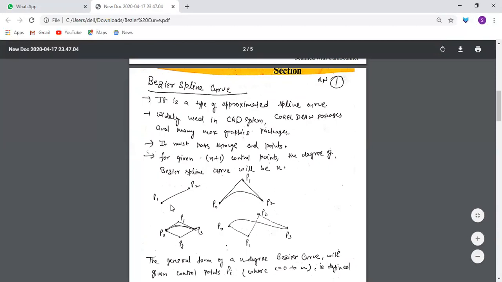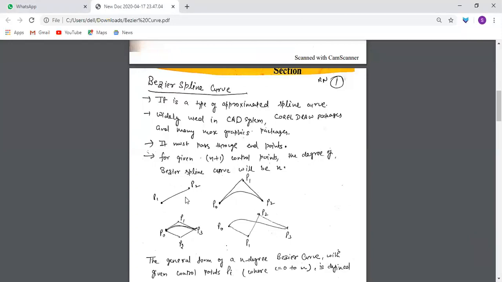Approximation means that, see, these are 4 examples of a Bezier curve. If there are only 2 points, so 2 endpoints are there, we can draw this line. And I told you that we don't require such types of curves.